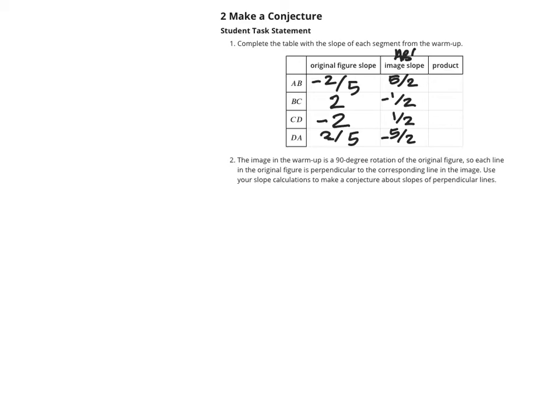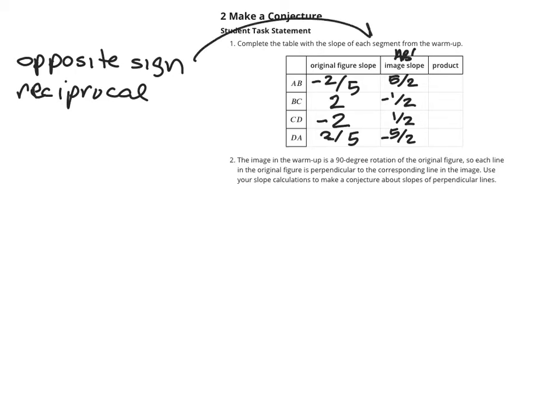Okay, do you see any patterns here? Maybe opposite sign and reciprocal. Reciprocal. Yep, I've never liked spelling that word. So between the image slope and the original slope, opposite reciprocal, right? Let's do this product. -2/5 times 5/2.